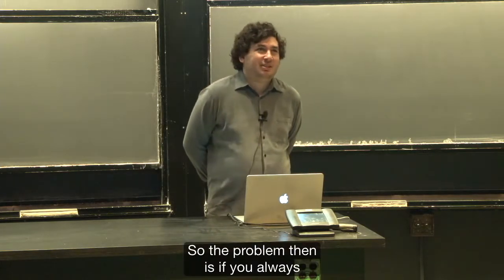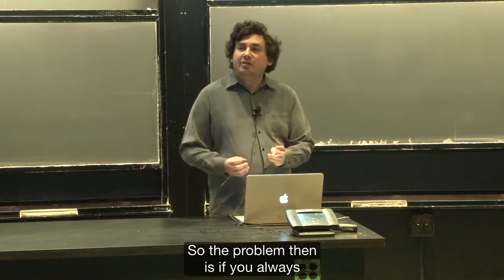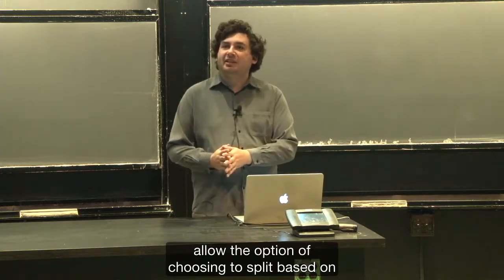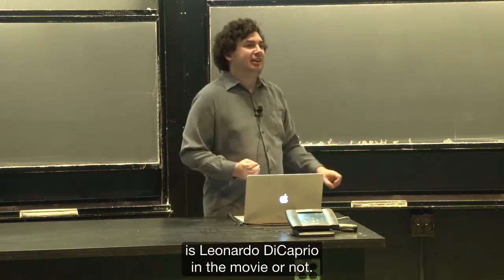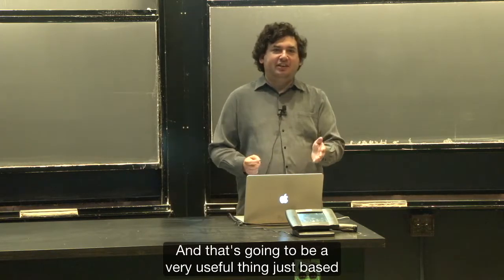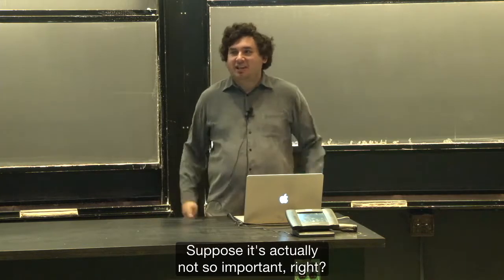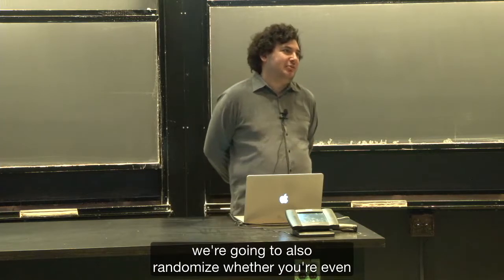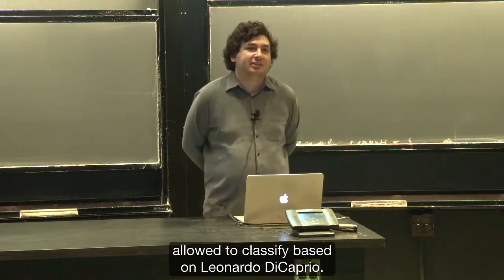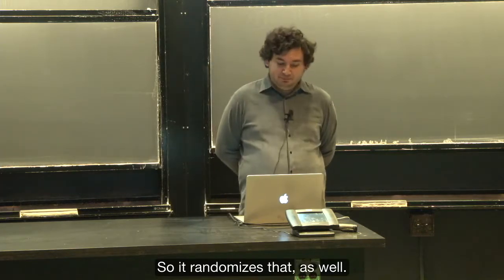So the problem then is if you always allow the option of choosing to split based on is Leonardo DiCaprio in the movie or not, and that's going to be a very useful thing just based on the training data you have, that seems like an important thing to look at. Suppose it's actually not so important, right? So the random forest idea is then we're going to also randomize whether you're even allowed to classify based on Leonardo DiCaprio. Okay, so it randomizes that as well.